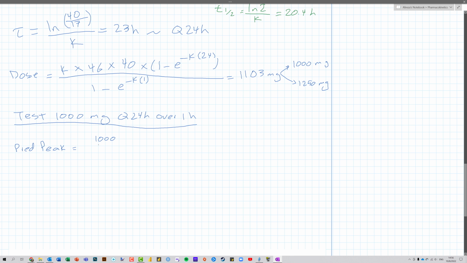So it would be 1000 milligram divided by time of infusion, which is 1, that's nice, times 1 minus e to the negative k times time of infusion, which again is 1. And then in the denominator, we will have the volume of distribution, which is 46, times our k.